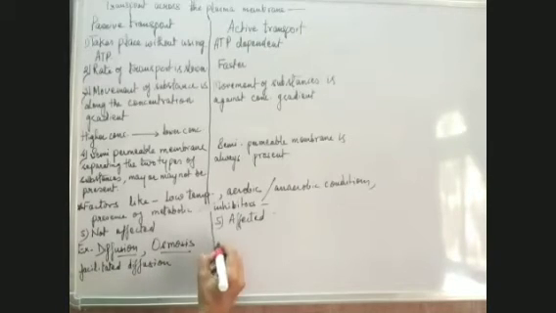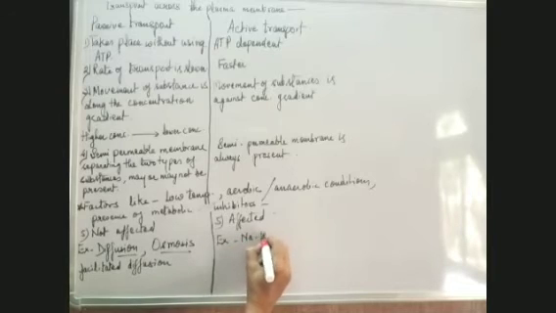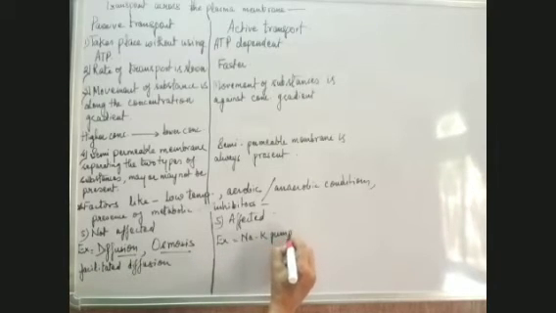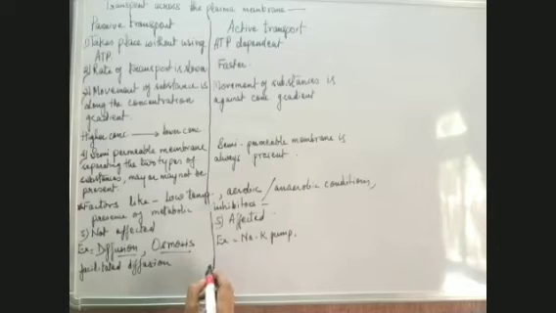Whereas examples of active transport are the sodium potassium pump, which we have already done when I was telling you the topic about the membrane. Then we have the calcium pump, which is used in the movement, the contraction of muscles.